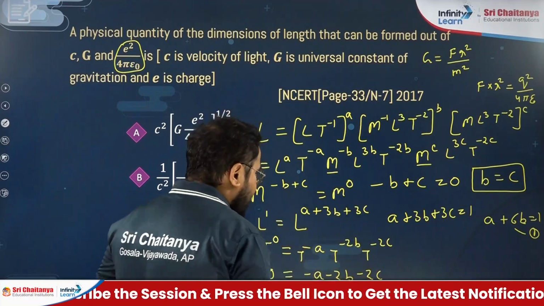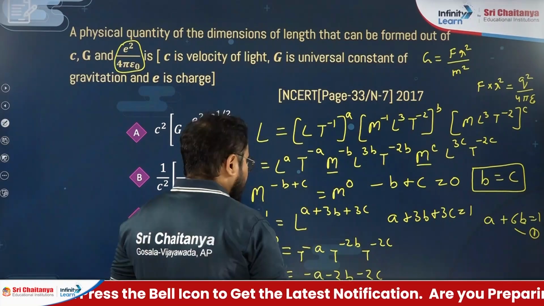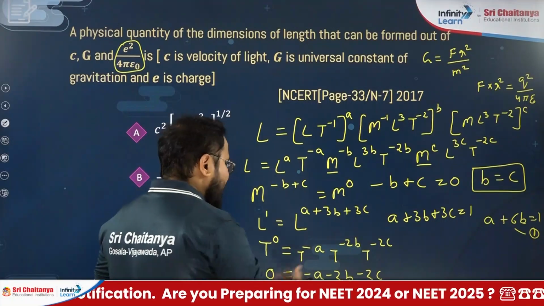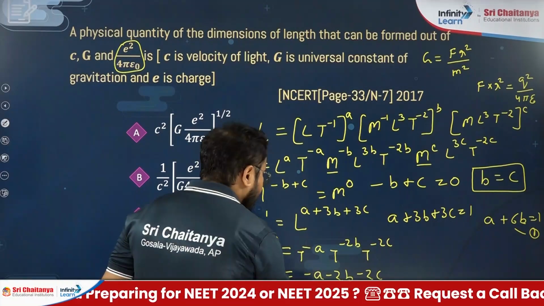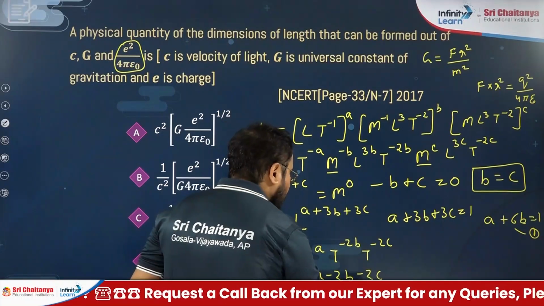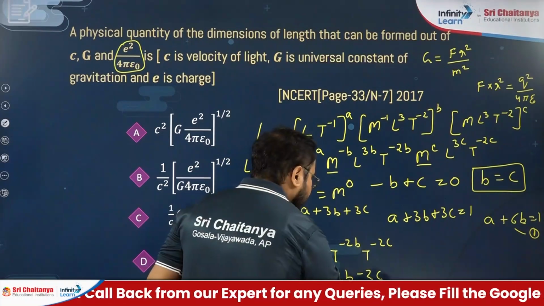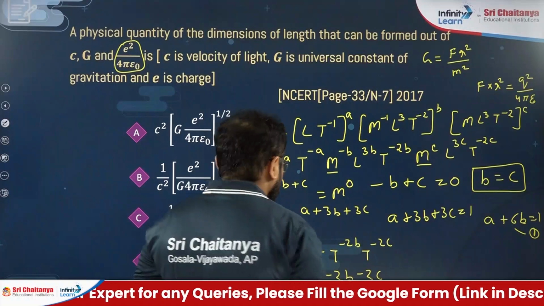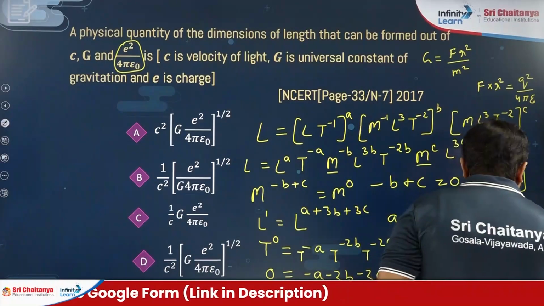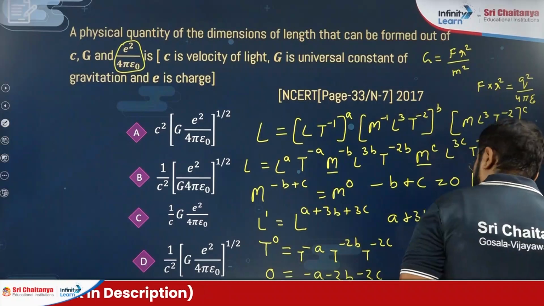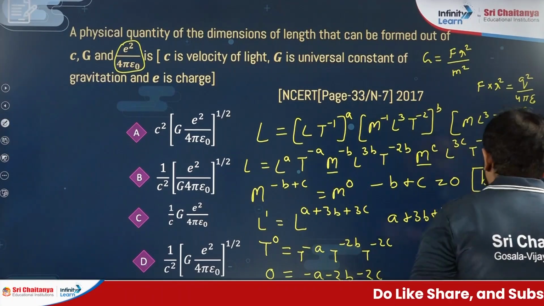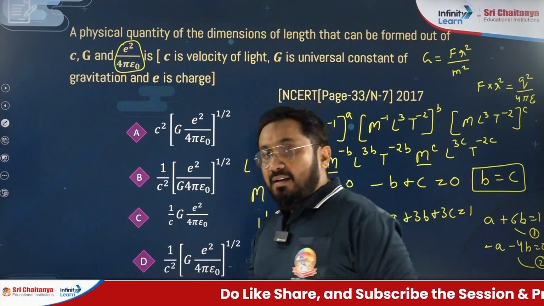Substitute B equals to C, and let it be like this way only. So it will become minus A minus 4B equals to 0. This will be your second equation. Is this clear?